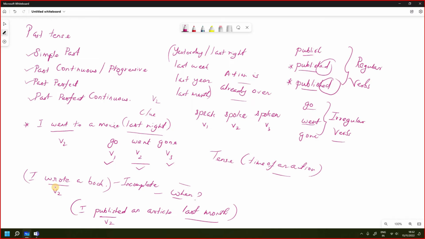So if you want to identify whether this is V2 or whether this is V3, how will you do it? How will you find out? Imagine this sentence is here. I published an article last month. Now, published, the same spelling is applicable for V3 also.